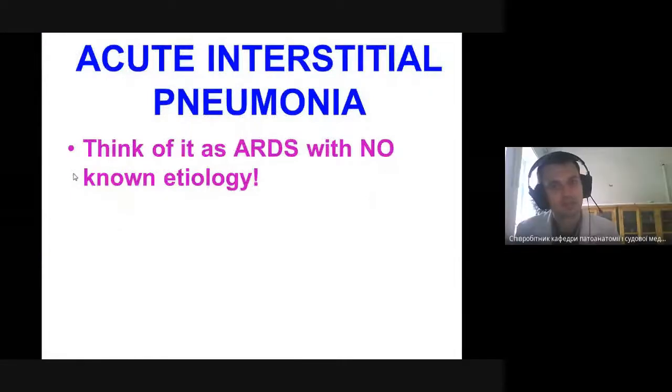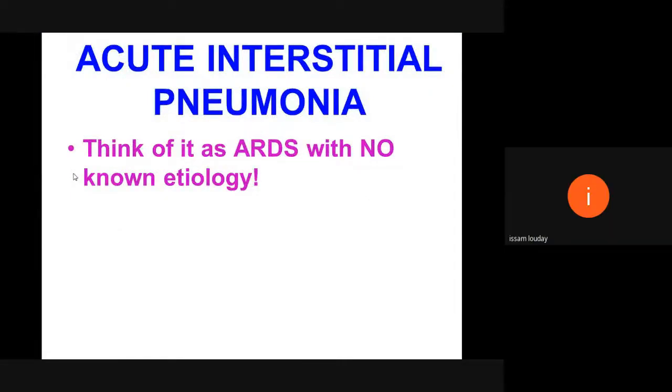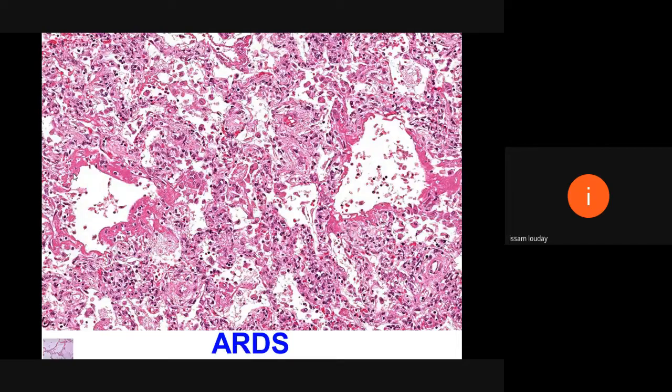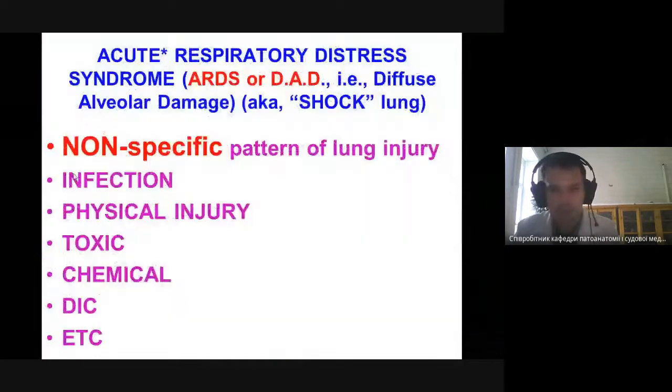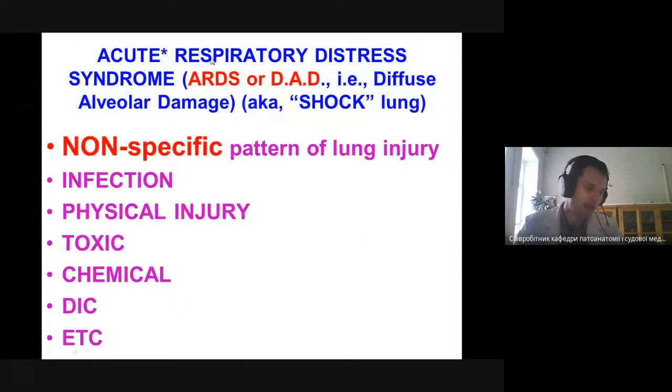Doctor, what is the relation between ARDS and surfactant? Look, acute respiratory distress syndrome is named in contrast to neonatal respiratory distress syndrome. Neonatal respiratory distress syndrome is based on surfactant deficiency in neonates.